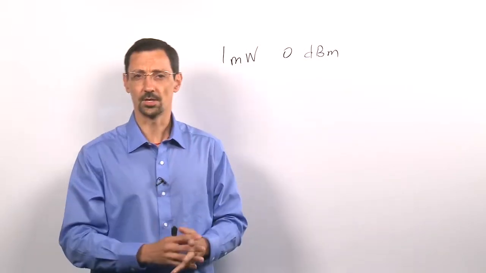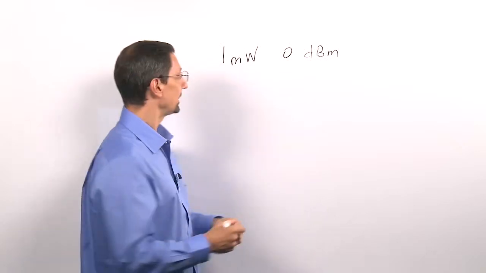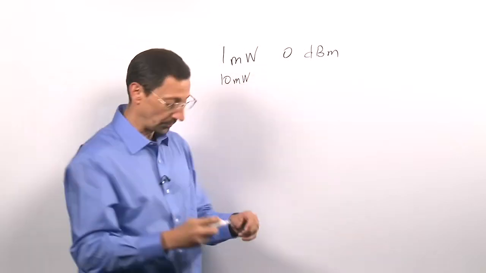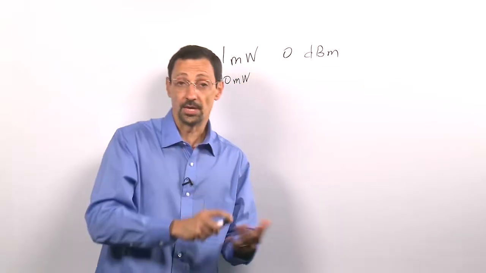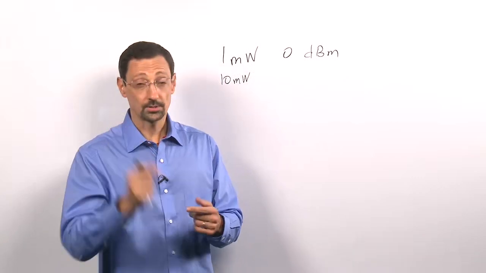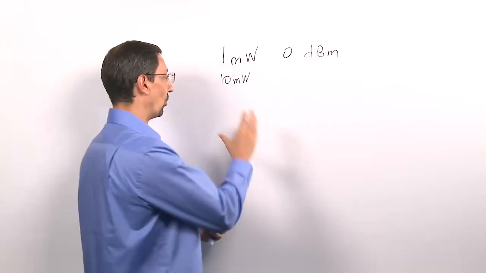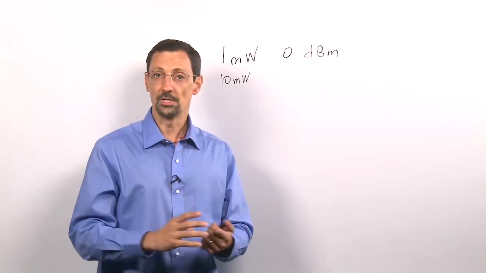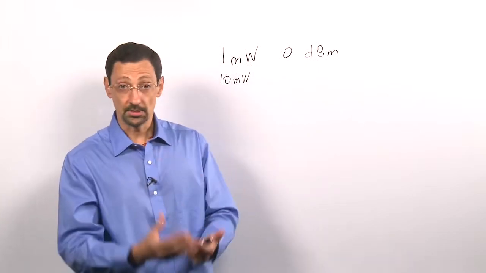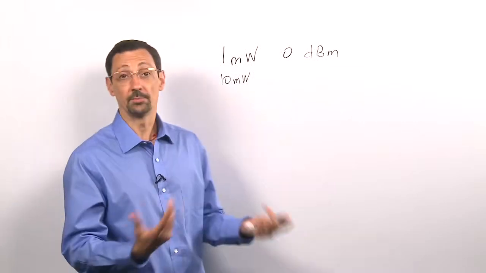Okay, let's practice a little bit this 1s and 10s rule. Let's say I give you 10 milliwatts and I ask you to convert that to dBm. If you remember my rules of 10s and always start with the 10s, you say, all right, what is my reference value? 1 milliwatt. What do I need to do to that 1 milliwatt to get 10 milliwatt? Well, you need to multiply it by 10.